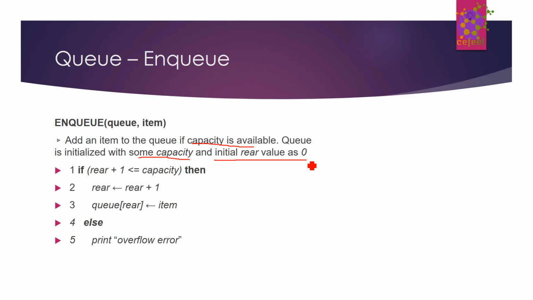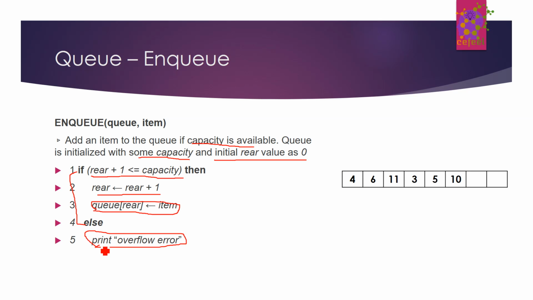So here is the pseudocode. The first step is to check if rear + 1, which means the next element to which rear is pointing, is within the capacity. If that is true, we increment the rear pointer and then we assign the new item to the queue, and then we are done. But if we have reached capacity, which means we are unable to insert, we just throw or print an overflow error.